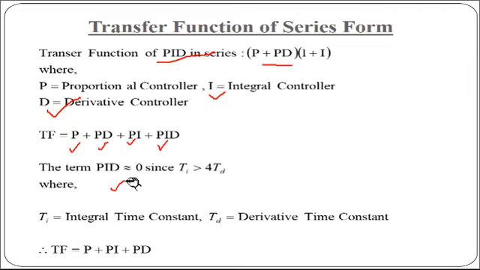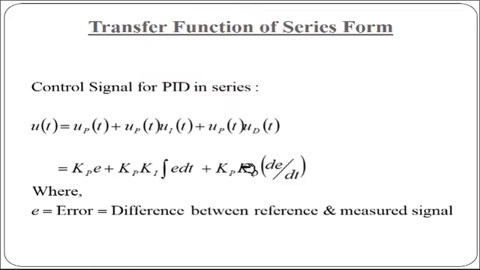If we consider Ti greater than 4 Td, where Ti is the integral time constant and Td is the derivative time constant, then the transfer function can be formed as P, PI and PD, because we have considered the value in this way.